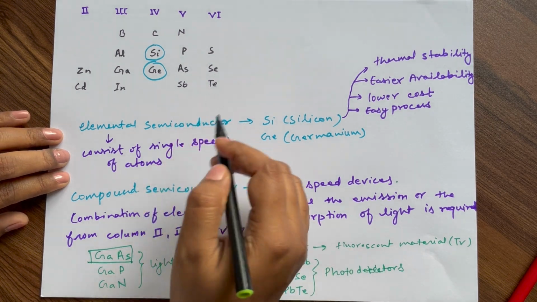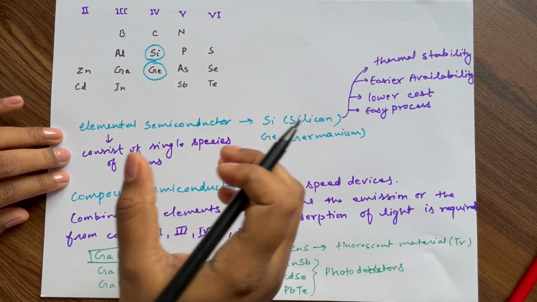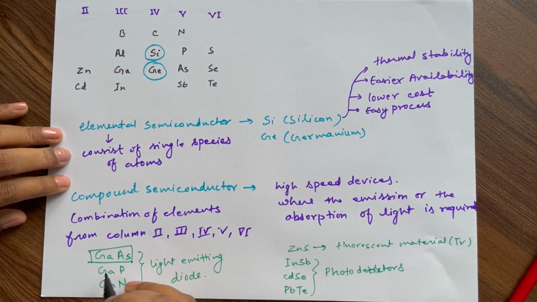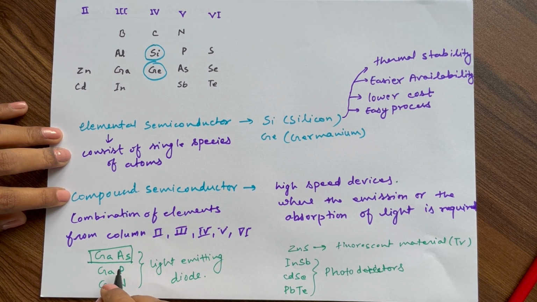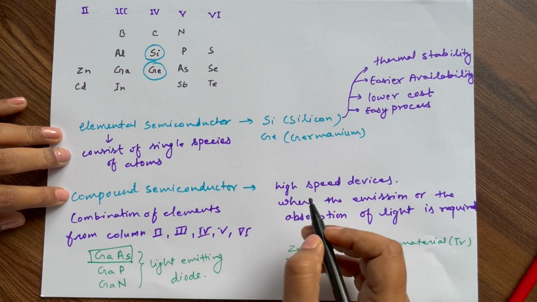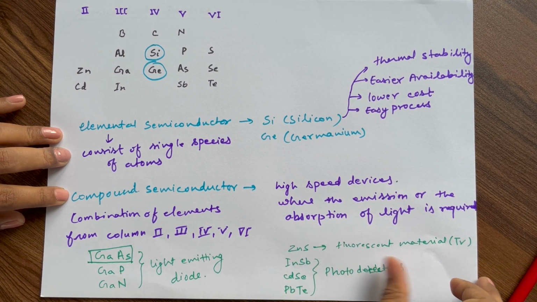And many other combinations of these elements are possible to create a compound semiconductor. Among all the compound semiconductors, gallium arsenide is the most used compound semiconductor and is commonly used in devices wherever high speed is required.